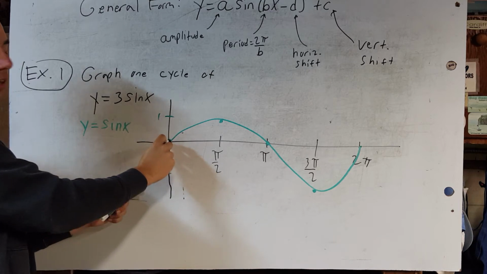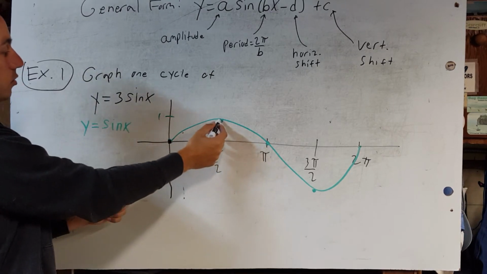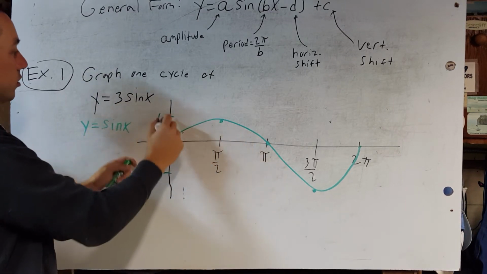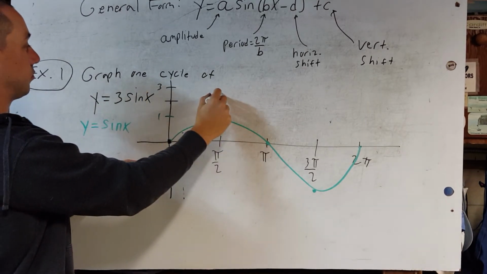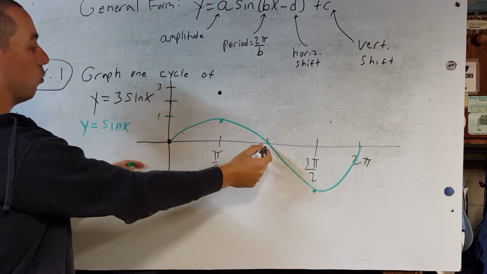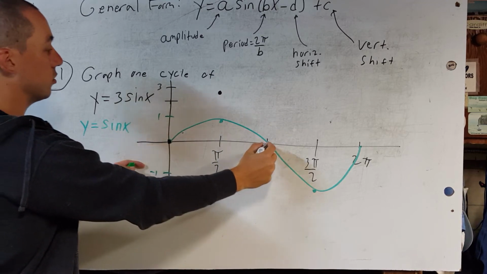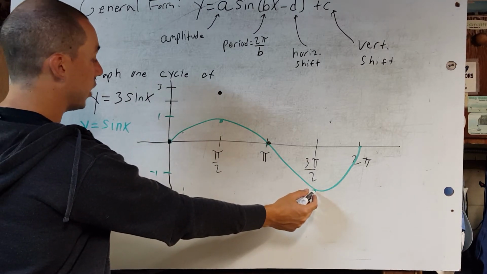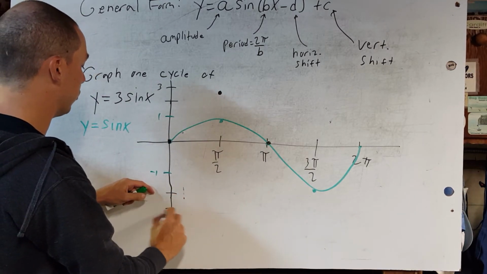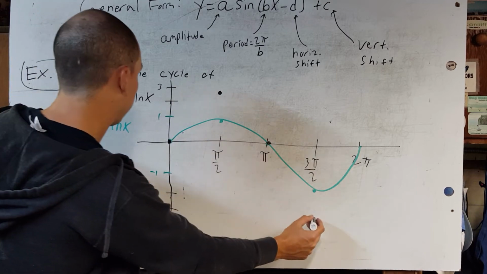When I say 0, I mean the y-coordinate. The y-coordinate here is 1. 1 times 3 is 3, so it's stretched up to 3. A y-coordinate of 0 times 3 is still 0. A y-coordinate of -1 times 3 becomes -3, or stretched down to -3.